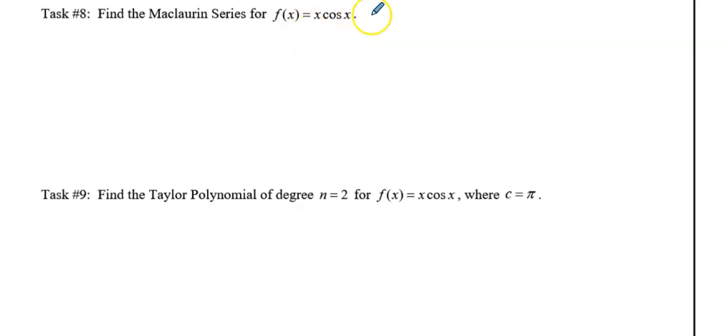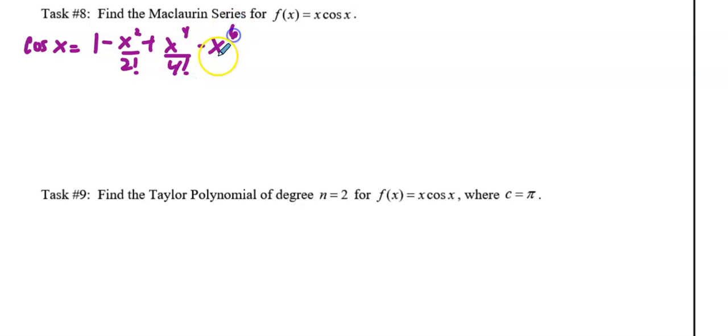So let's look at an example of how to rewrite a Maclaurin series for x cosine of x. This is very similar to the example we just did for cosine of 2x, where we had to replace x with 2x. So here's all you do. You first of all want to write out what the Maclaurin series is for cosine of x. Remember that cosine is an even function, so we write 1 minus x squared over 2 factorial plus x to the 4th over 4 factorial minus x to the 6th over 6 factorial.